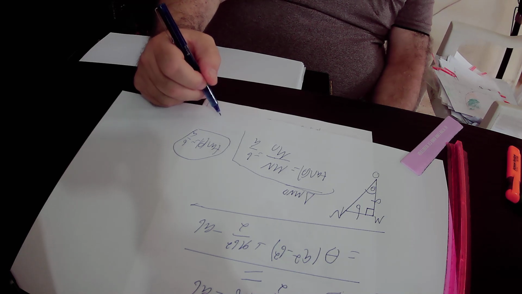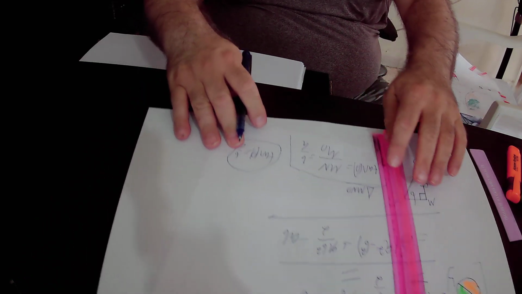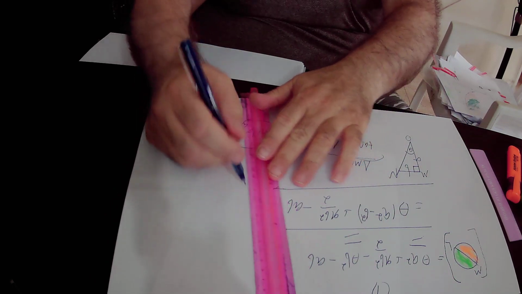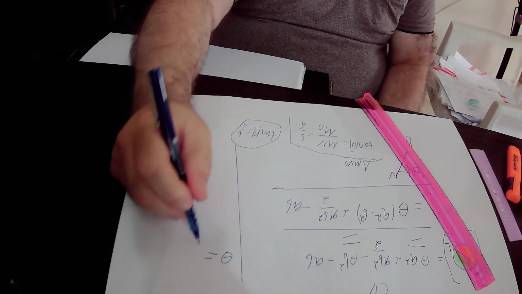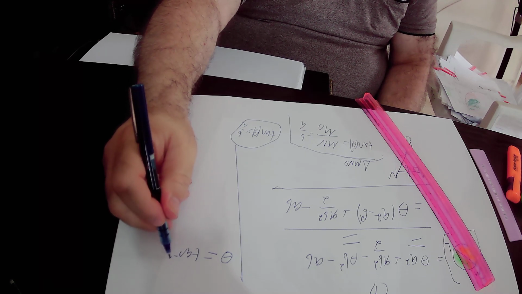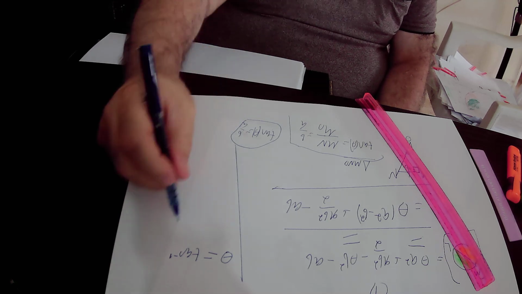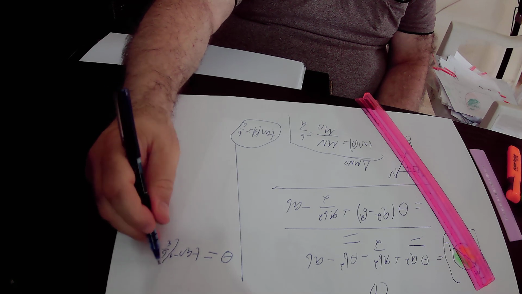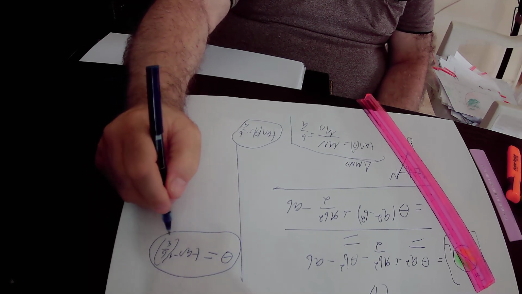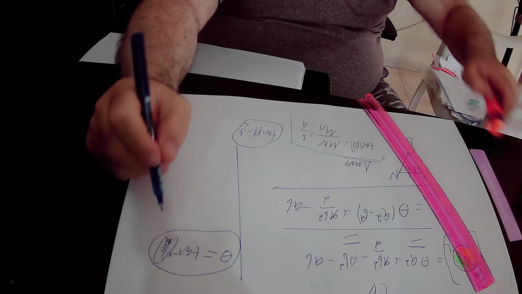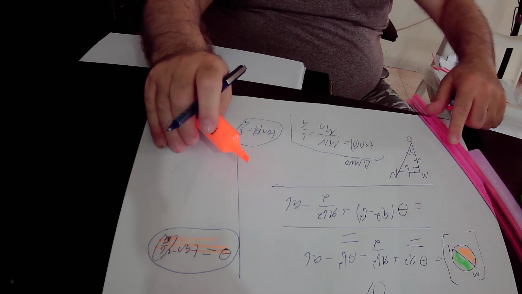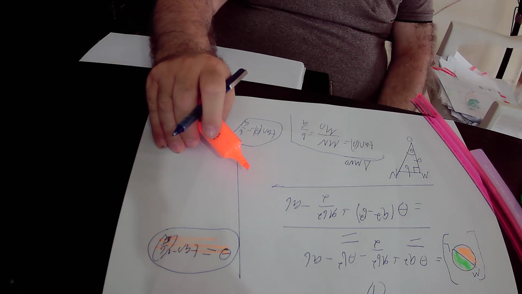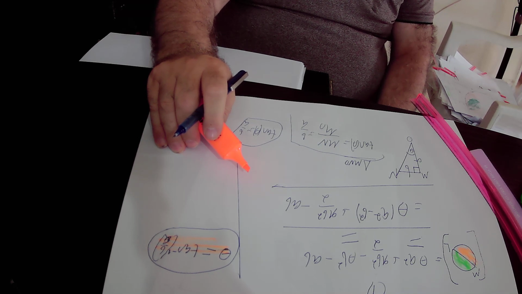So theta itself is equal to tangent minus 1, that is the opposite function of tangent, of B over A. Now we can substitute theta by tangent minus 1 of B over A, so now the only variables that we have in the formula for the area of a lens are A and B, the radii of the two shapes that intersect with each other.